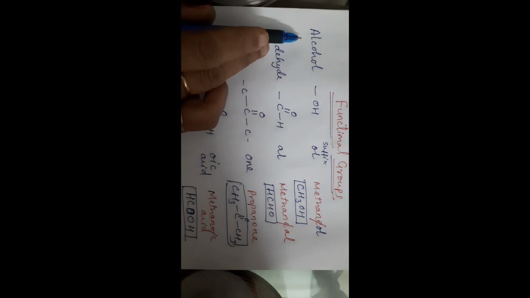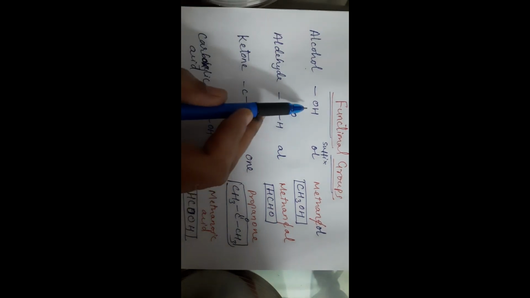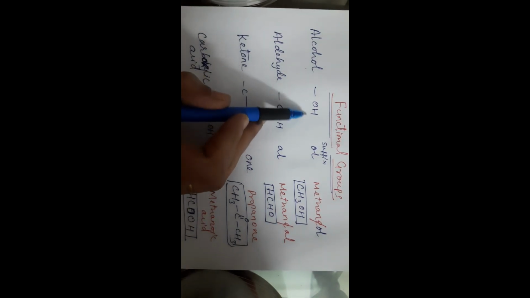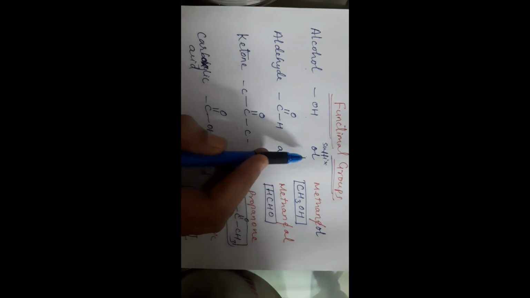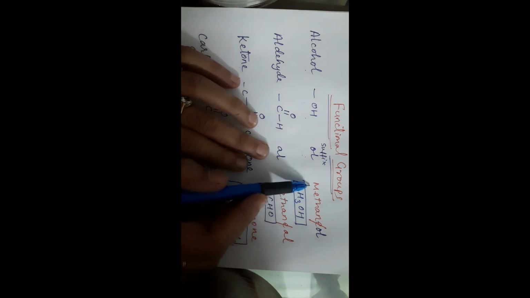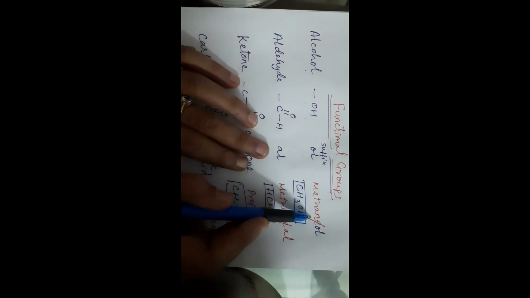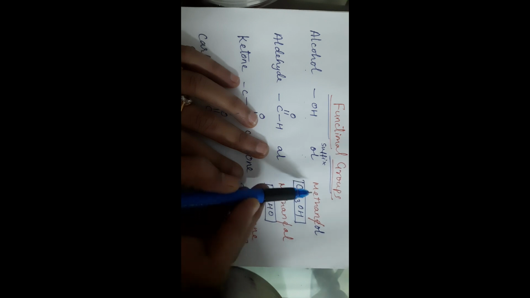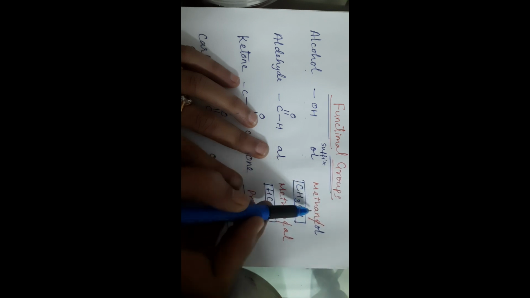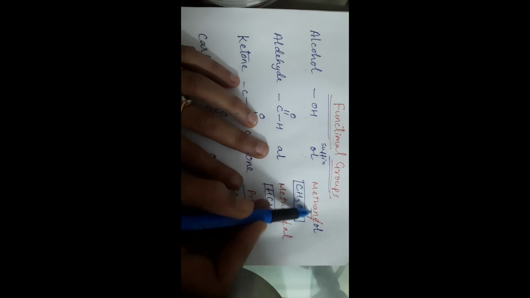So here the first functional group is alcohol, where we add the OH functional group, and the suffix added for this is ol. As all of you know, while writing the names of carbon compounds, if they are single bonded compounds with one carbon, the name is meth, and then we add ane in the last.